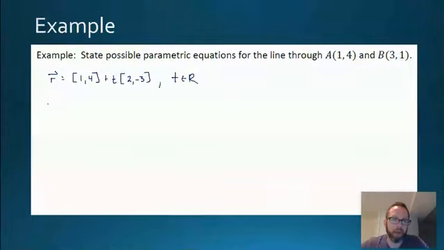You just literally break it up. So the first one, x, is 1 plus 2t, and y, the second component, is 4 minus 3t. And there you go. Those are possible parametric equations. (1, 4) is a point on the line, (2, -3) is the direction vector. We got it. It's that easy.